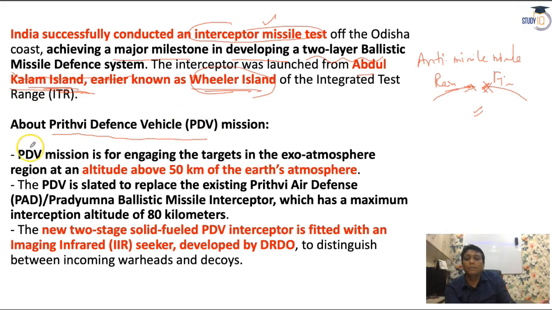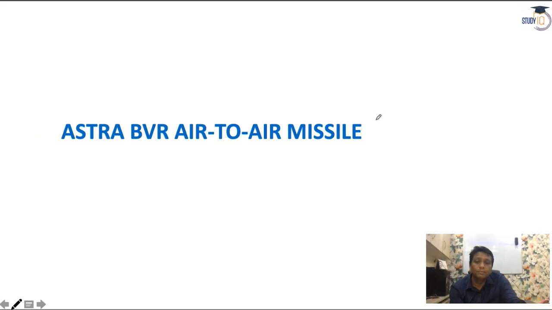The Prithvi Defense Vehicle mission is for engaging targets in the exo-atmosphere, means beyond the atmosphere, and it can go up to an altitude of 50 km from the Earth's atmosphere. PDV is slotted to replace the existing Prithvi air defense, that is the Pradyumna ballistic missile, as an interceptor. So this Prithvi Defense Vehicle mission will replace this and become a good interceptor for the future.